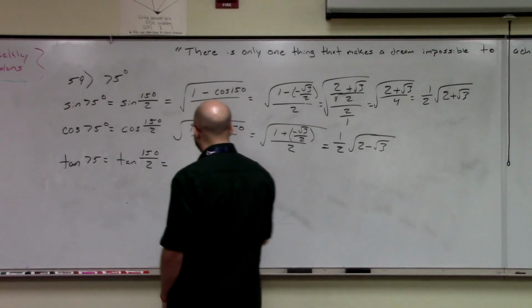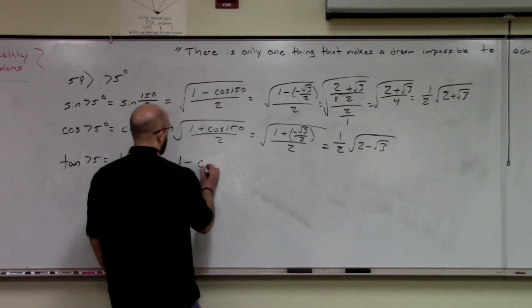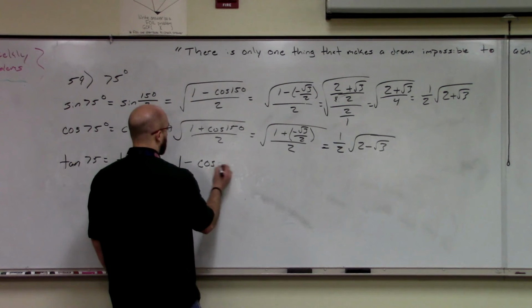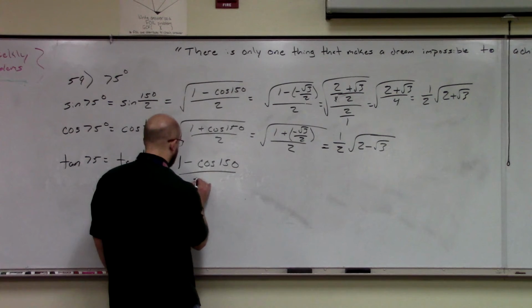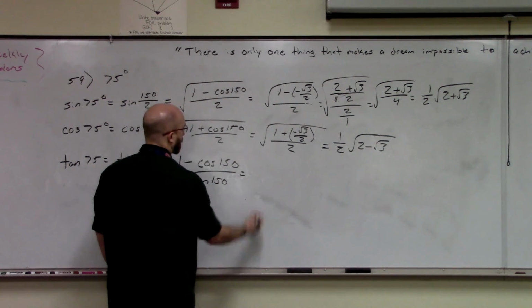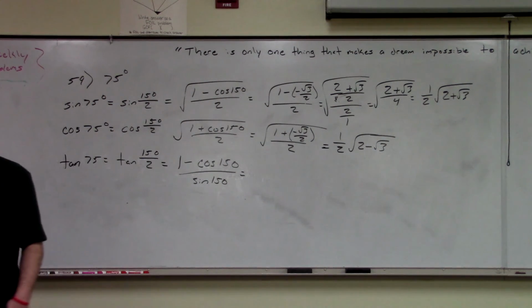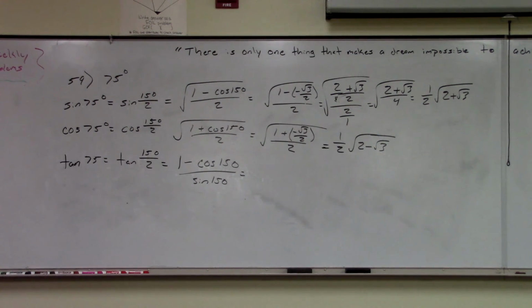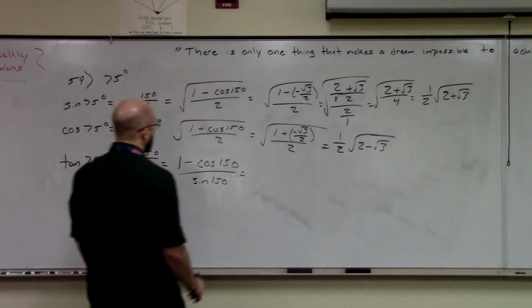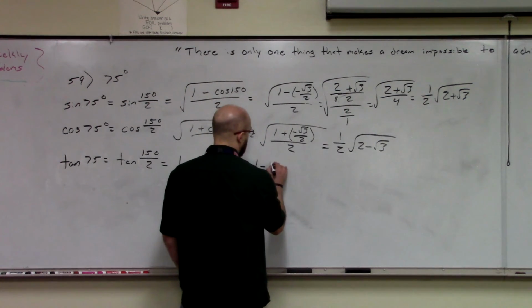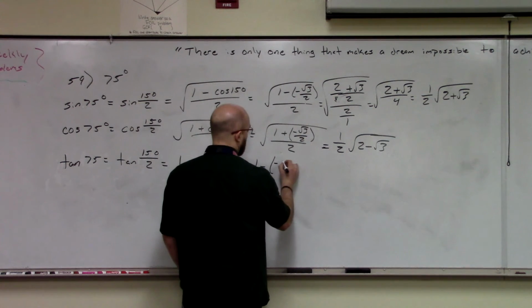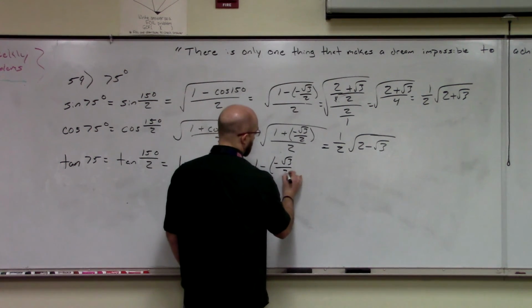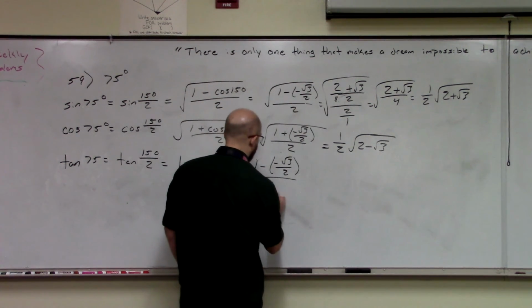I'm going to use 1 minus cosine of u, which our u is 150, so cosine 150, all over sine of u, which is 150. Okay, plug in our values for cosine and sine evaluated at 150, and we get 1 minus negative square root of 3 over 2, all divided by 1/2.